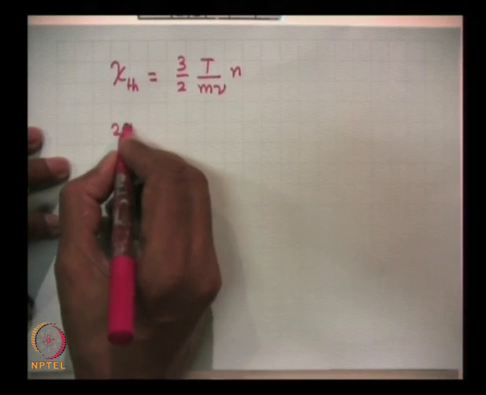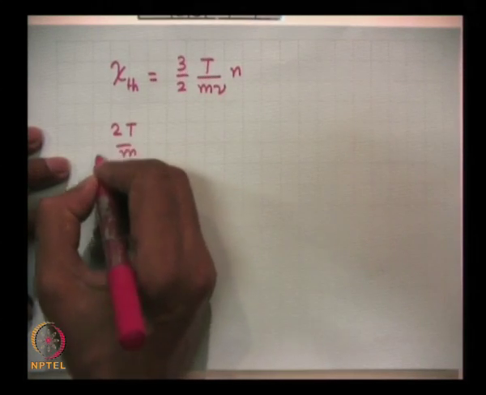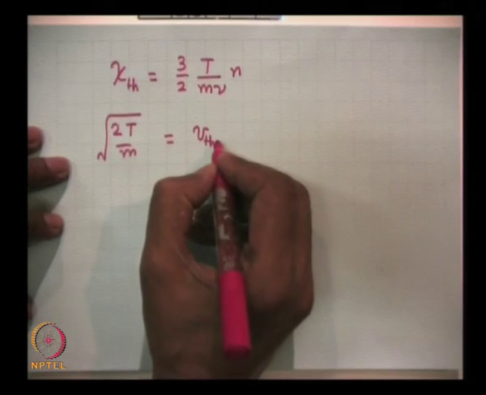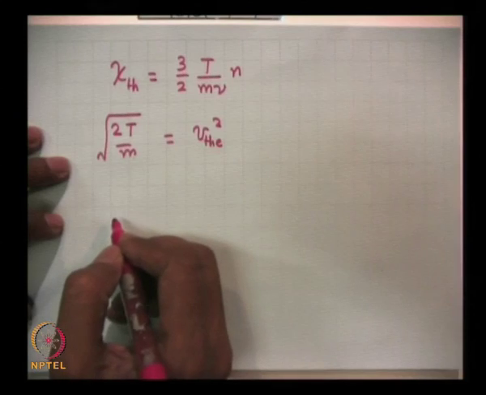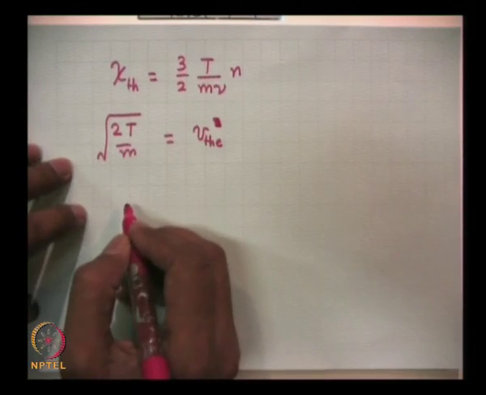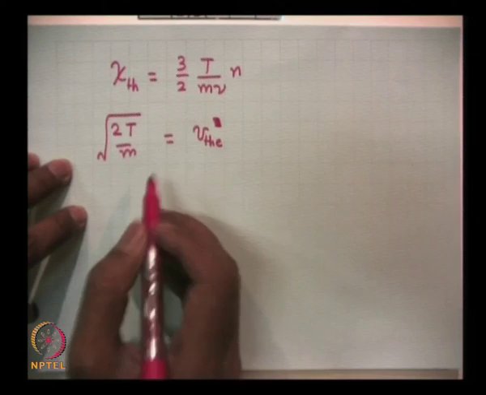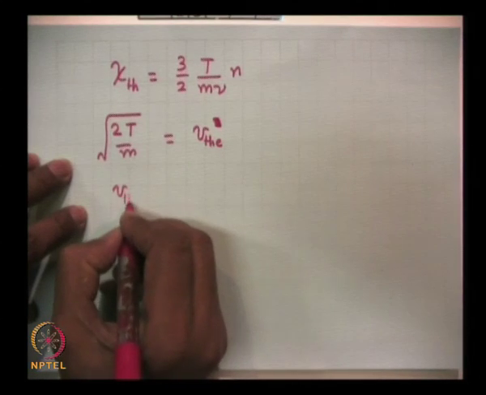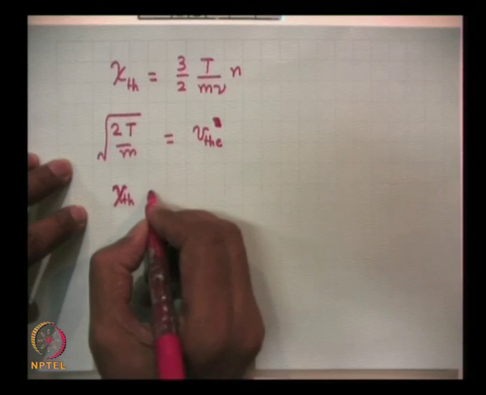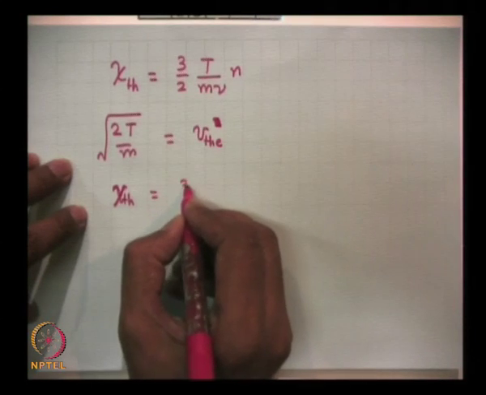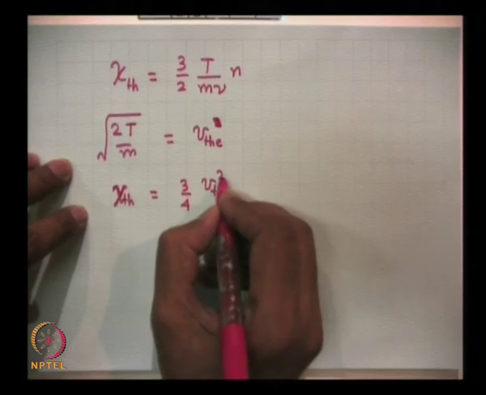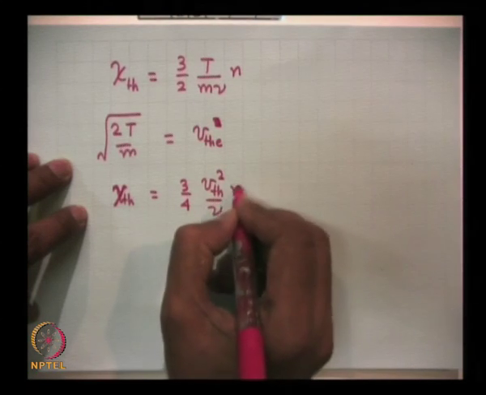Sometimes we write under root 2T by m is equal to the thermal velocity of electrons. So, this quantity is the thermal velocity, v thermal, and thermal conductivity chi thermal can be written as 3 by 4 v thermal square upon nu into n.